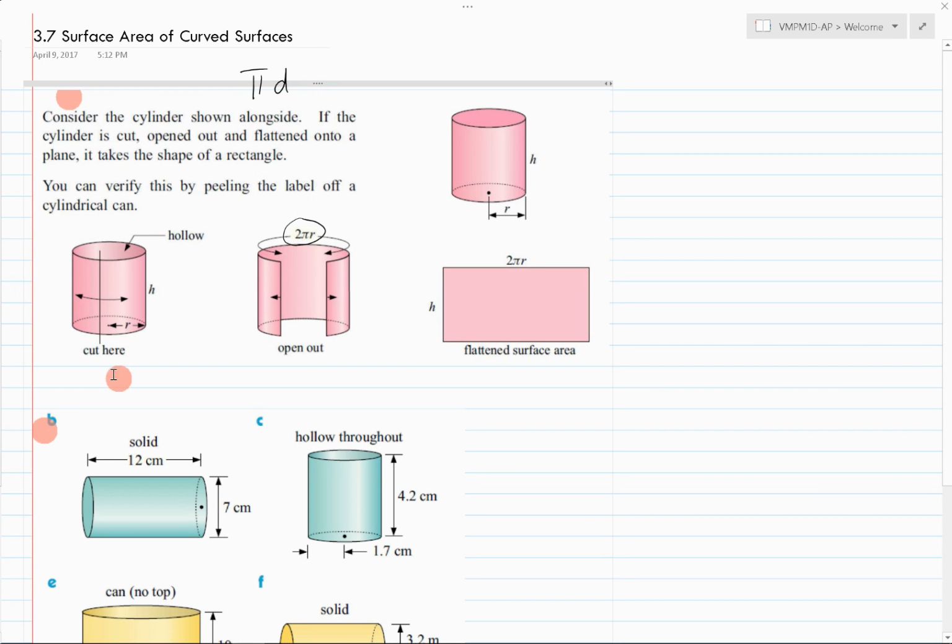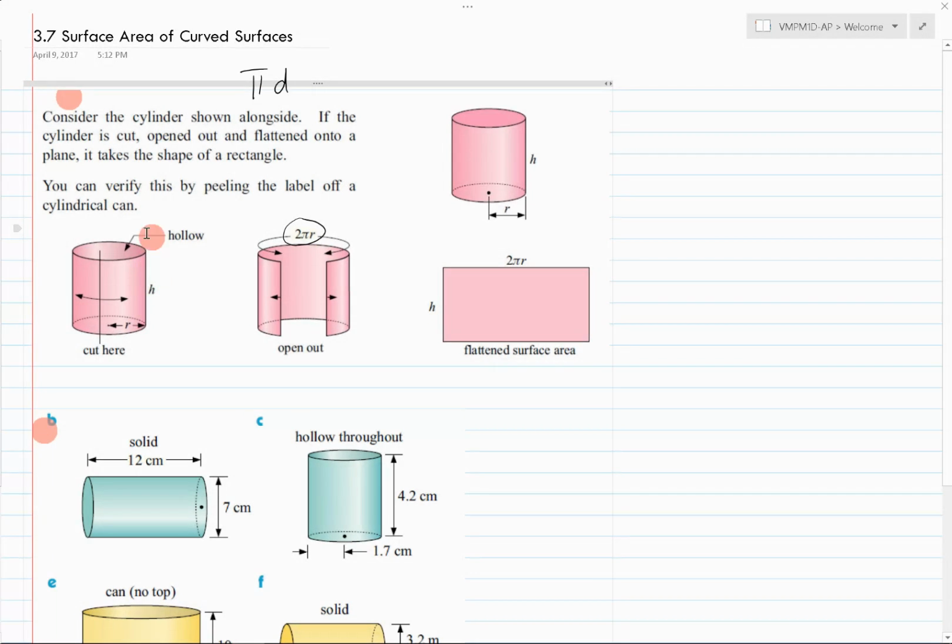Now, if we make a cut along that cylinder, and then we open it up like we see here, and we just flatten out that cylinder as if it was a piece of paper, that circumference becomes the entire length of that flat rectangle that we just created. So that's 2 pi r.